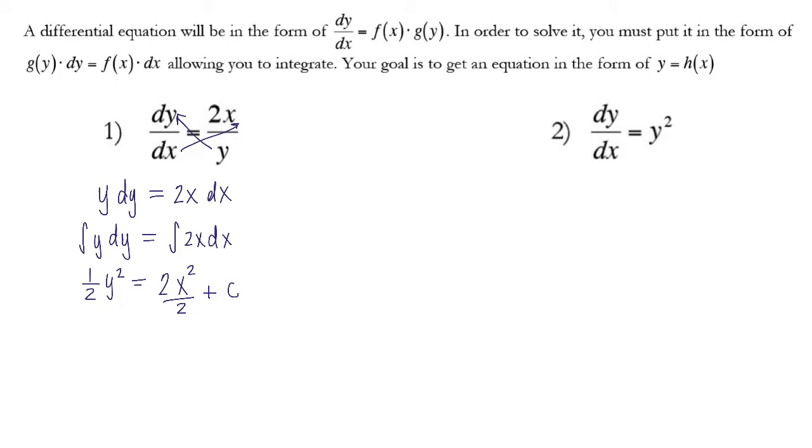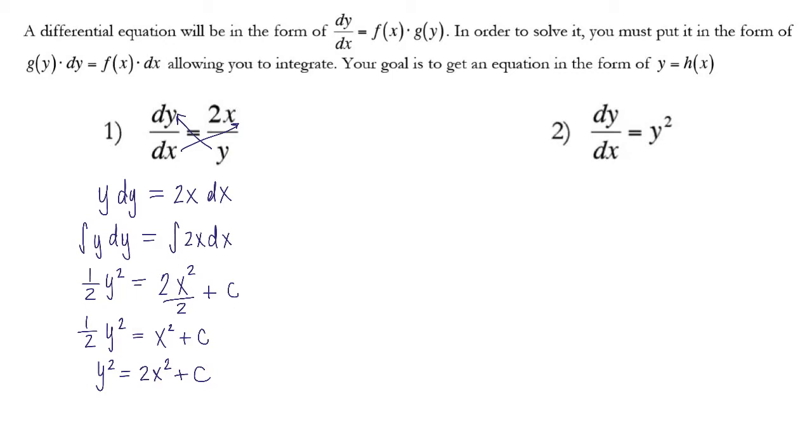Simplifying some, we have 1/2 y squared equals x squared plus c, and then to finish this off we will need to solve for y, so we would multiply both sides by 2. Y squared equals 2x squared, and 2 times a constant value is still a constant value, so we don't have to worry about filling in anything from there.